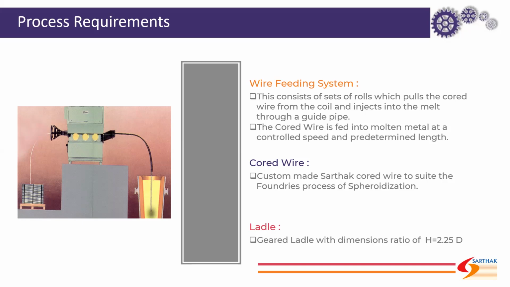The wire comes with a magnesium percentage of minimum 15 percent or above, so the reaction is vigorous. To avoid metal spillage, we are using the ladle as per our recommendation.